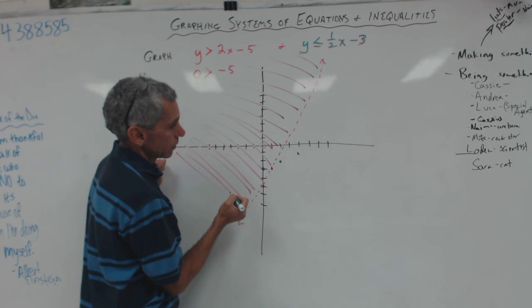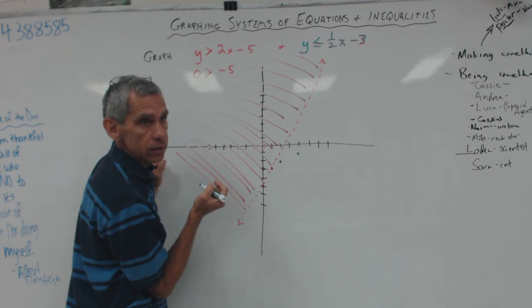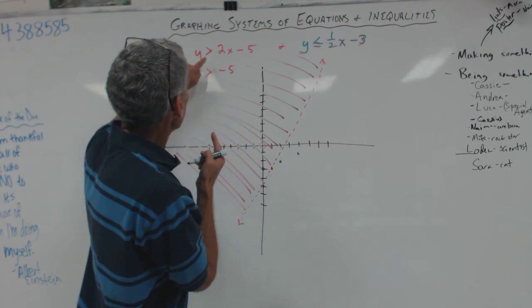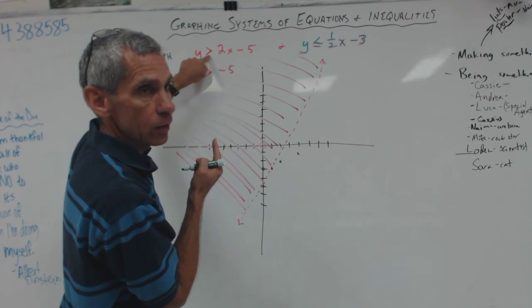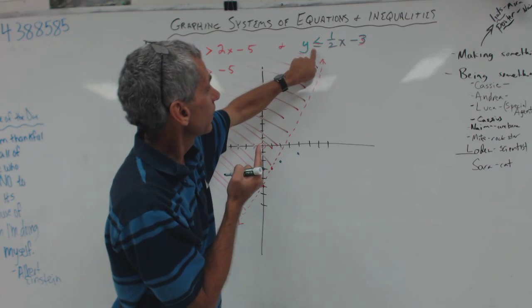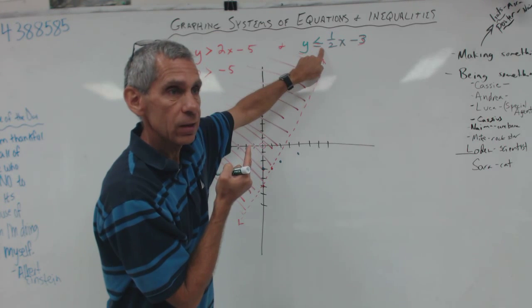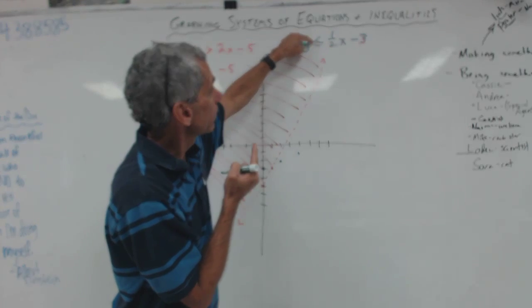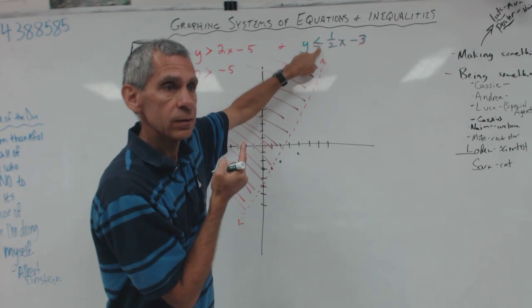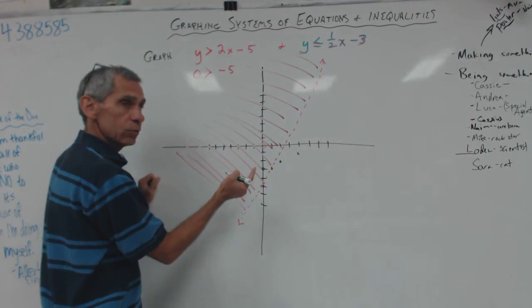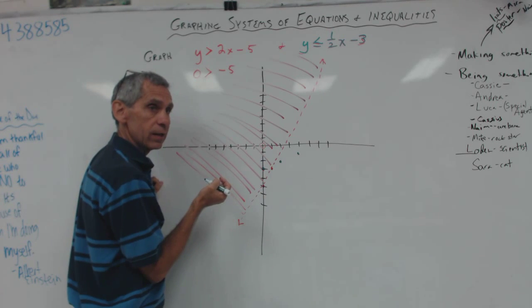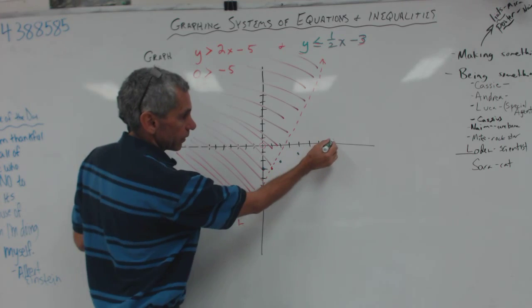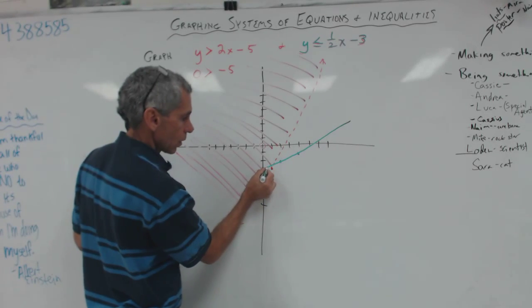And then, is it going to be a solid line or a dotted line? It's going to be dotted if it's only greater than or less than. But see how there's a line underneath? That line means also equals. So that's less than or equal to. That means if it's equal to, I can make it a solid line. You get that? Okay, so I'm going to make that a solid line.